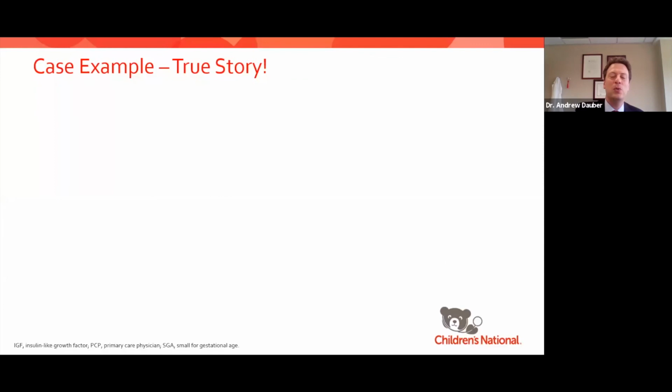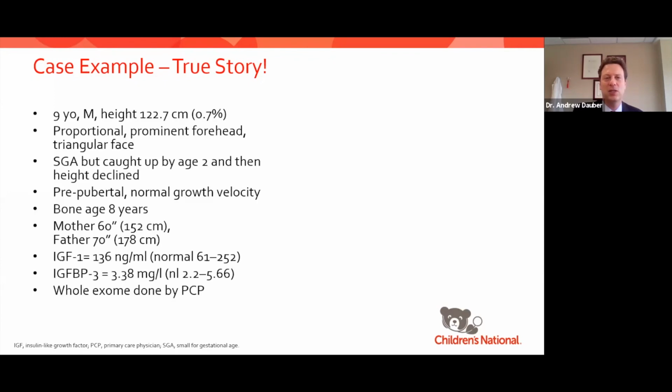So I'm going to end though with one true case example, because I don't want to give you the false impression that genetic testing is a panacea and will always give you the answer. This was a 9-year-old male whose height was at the 0.7 percentile. It's proportional, a little bit of a prominent forehead and triangular face, was born small for gestational age, but caught up by age 2, prepubertal. The bone age was a little bit delayed.